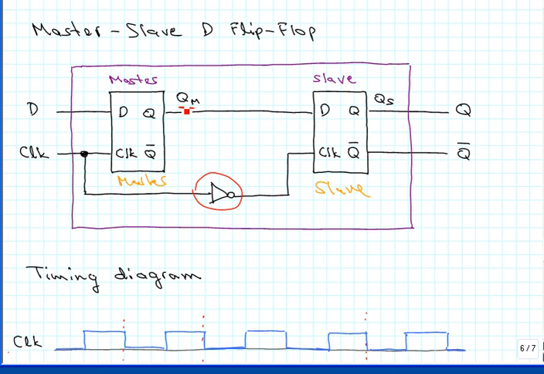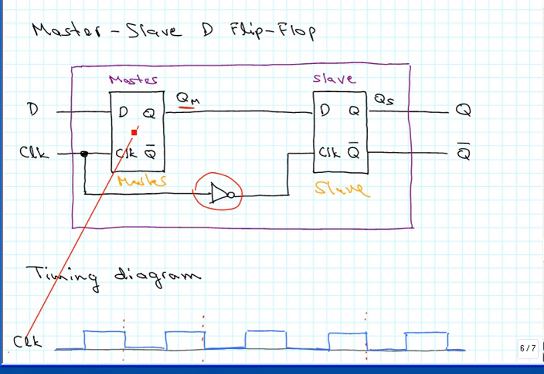So the slave is now taking the data from the master and passing it to the output, and the data cannot change during that time because the master is frozen. And then it repeats again. The slave then gets frozen after the clock goes high again, and then the master can follow the data again.